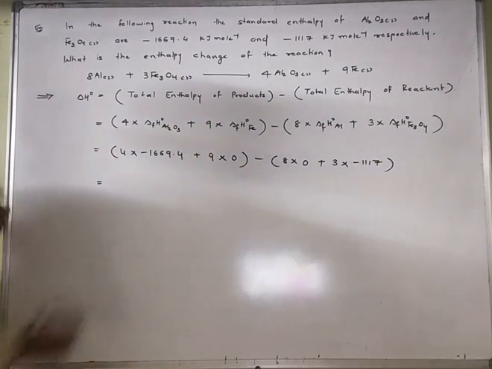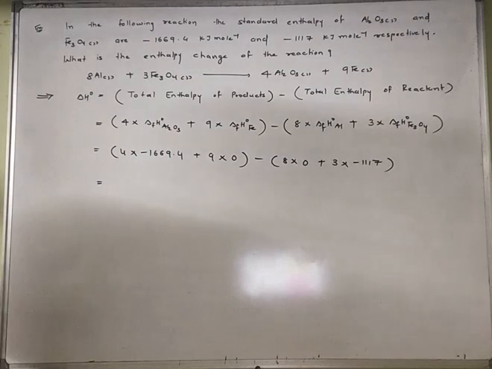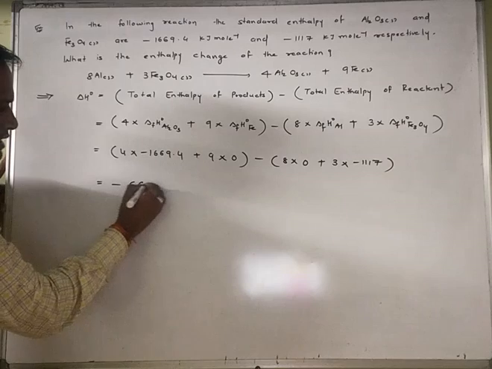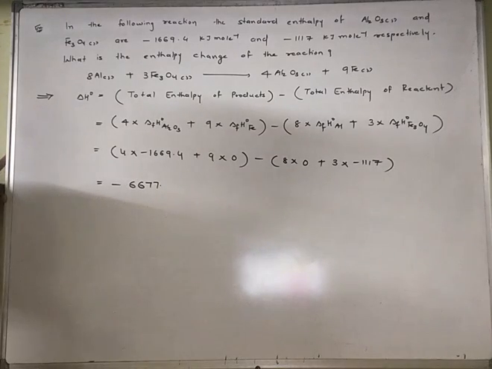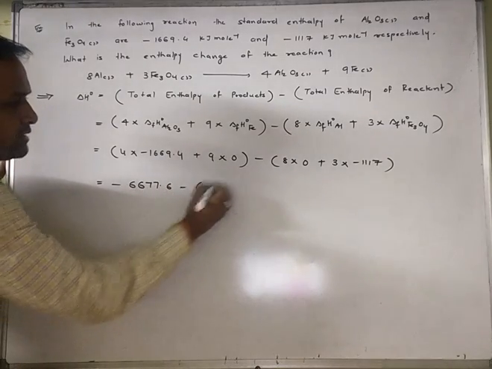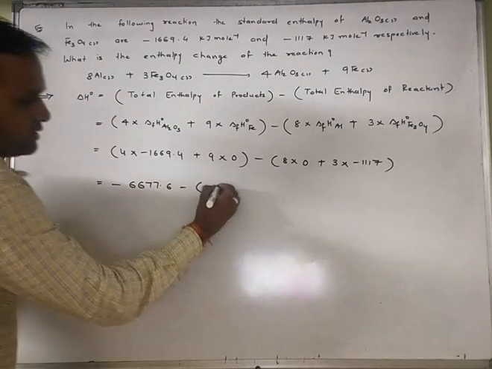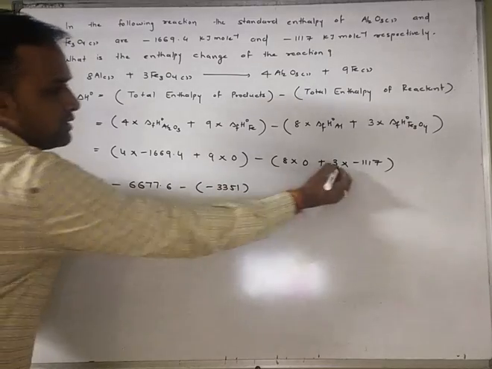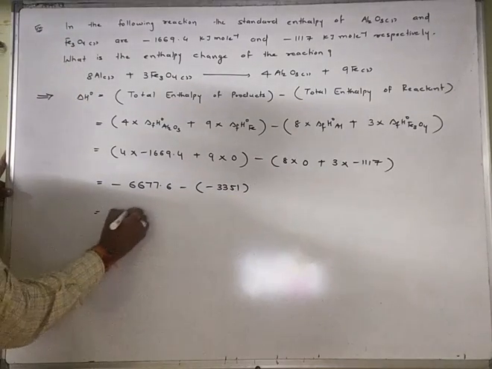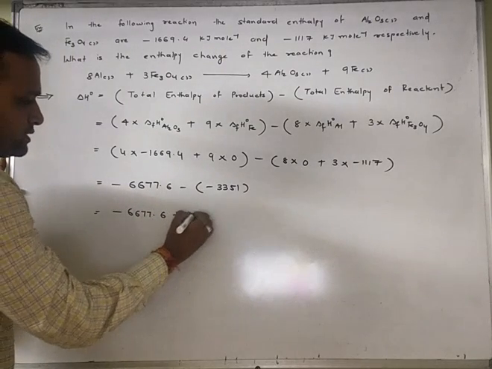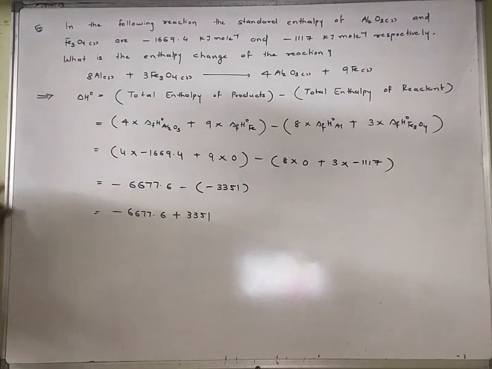So put the value, calculate it, you can get the answer. यहाँ पे आएगा minus 6677.6, minus, और ये भी माइनस, 3351, right?